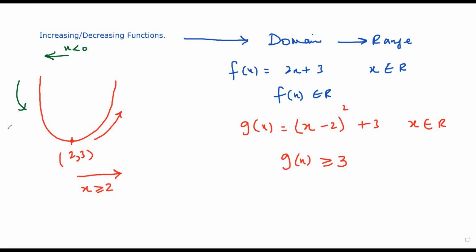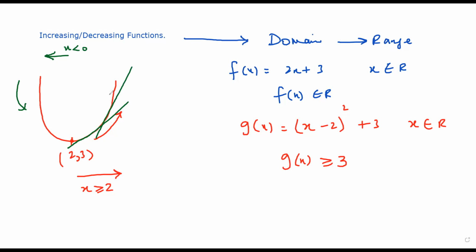Now, you can determine this without the sketch, through calculus. Remember, you have already learned how to find the gradient of a curve through differentiation. If I draw different tangents on the part of the curve after x equal to 2, you will see that all these tangents are positively steep.